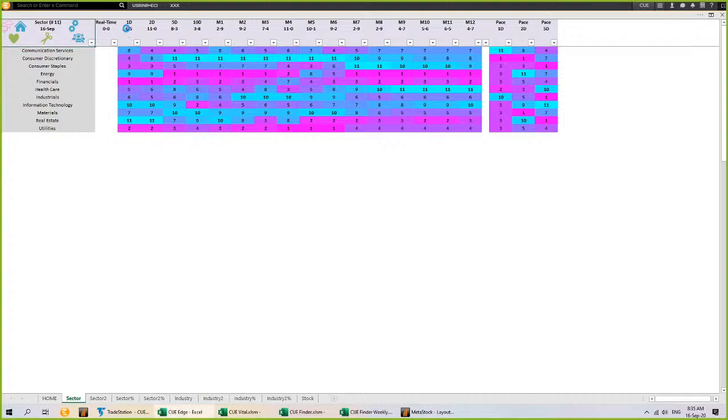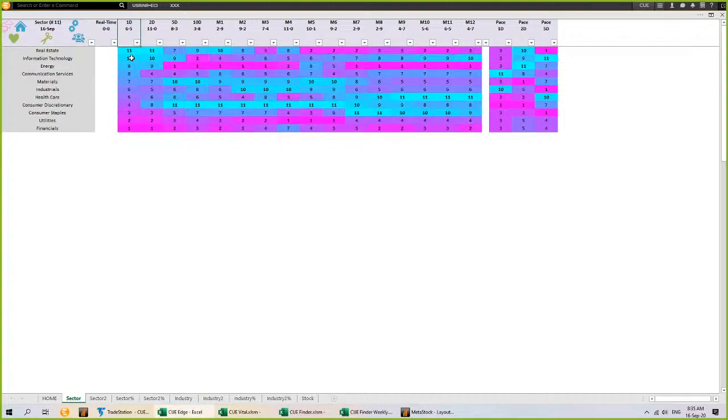These are the sectors. If I sort by 1-day period, real estate is now the strongest. Why am I more interested in buying in real estate? Because earlier it was very weak. Then it started to gain strength over 2 days, and yesterday it became the strongest sector, and we can see it is having acceleration also.